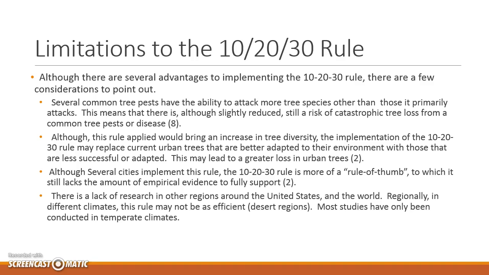Regionally, in different climates, this rule may not be as efficient or work as it is supposed to, to create more diversity but also more resilience. In some places it might be worse, such as desert regions in the American Southwest. Most studies have only been conducted in temperate climates.